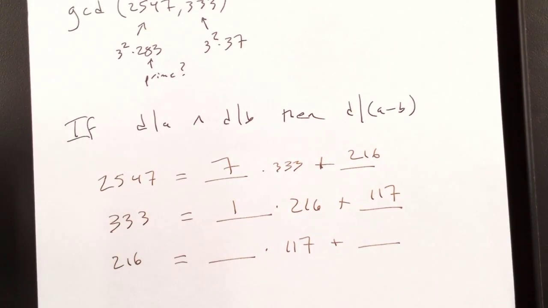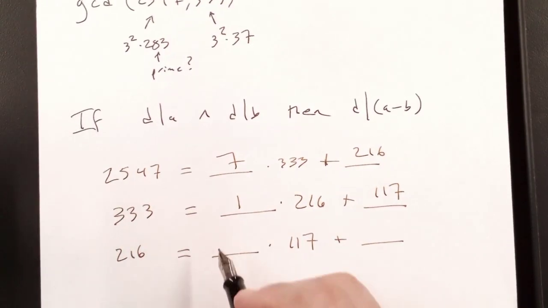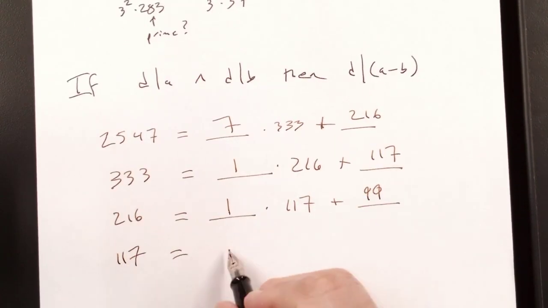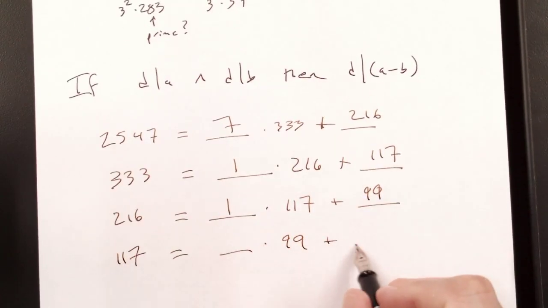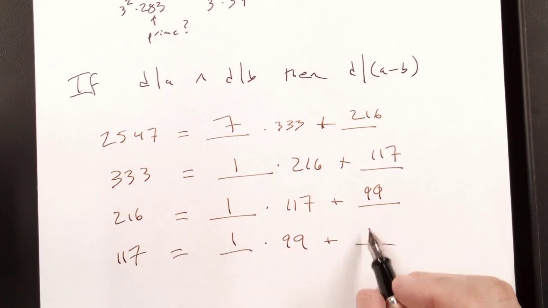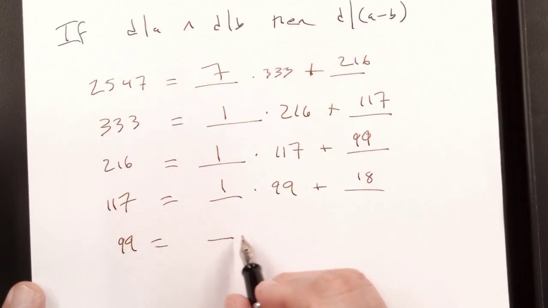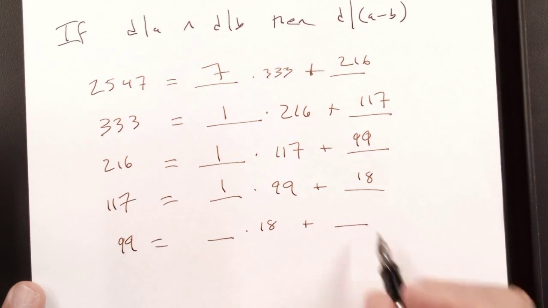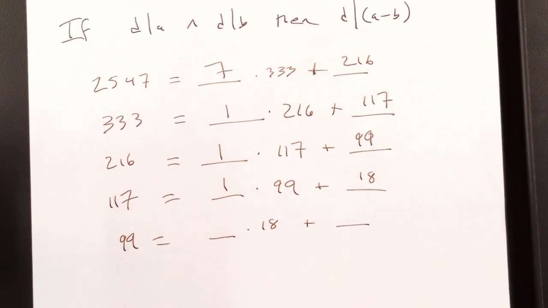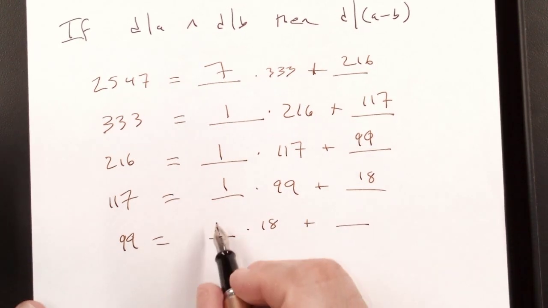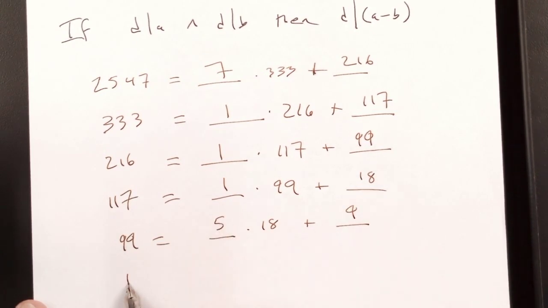What are my numbers here? 117 is something times 99 plus something. 99 is some number of 18s with something left over. And 18.